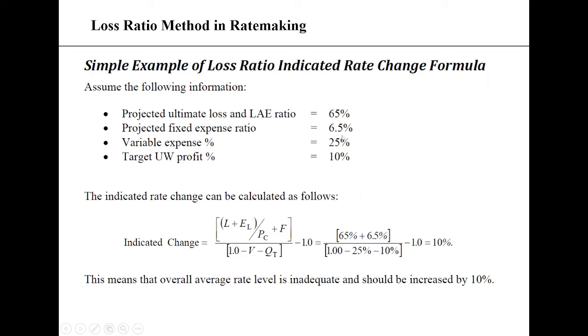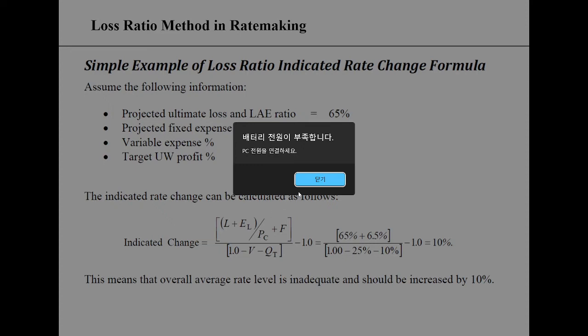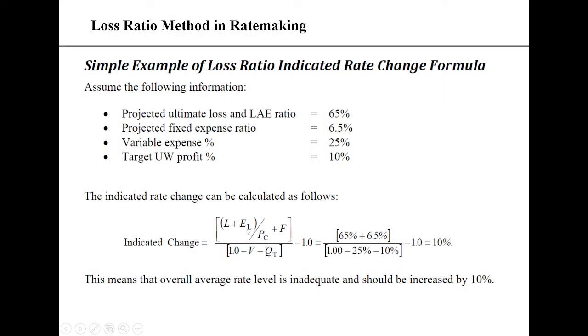And this is just a numerical example, but when you look at this part, PC is premium at current rate level, and L is losses, so ultimate loss, right? Then projected ultimate loss, and this is the loss adjustment expense ratio.